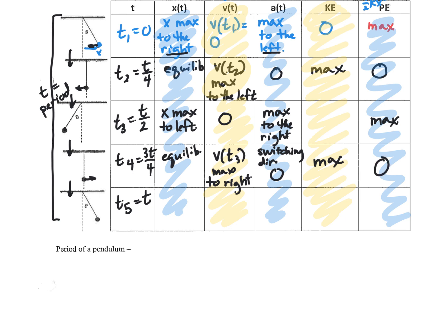I bet you can predict, looking from line to line to line, if we're at T sub 5 now, we're back to the beginning of the cycle again. So shouldn't T sub 5 match T sub 1? We're going to be at X max to the right, which means our acceleration is going to be max to the left.